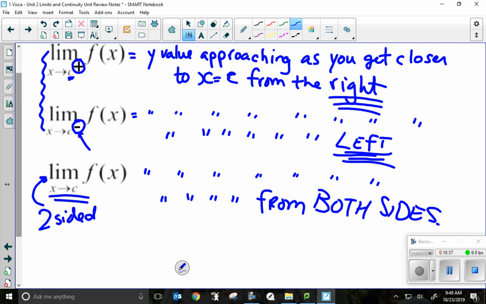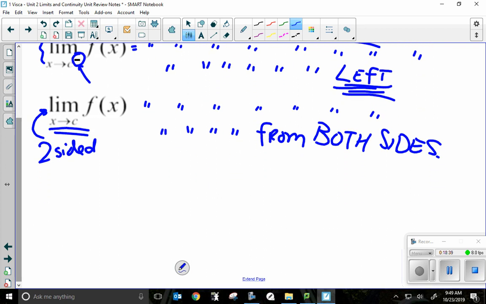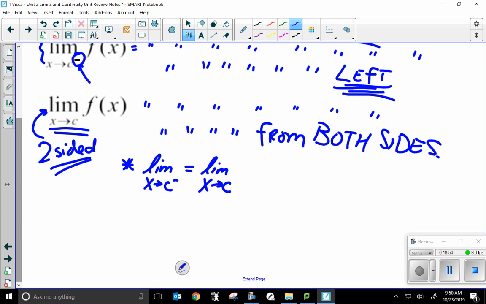Now, in order for a two-sided limit to exist, your limit as x approaches C from the left has to be the same as your limit as x approaches C from the right.